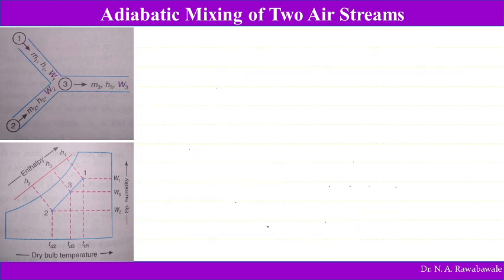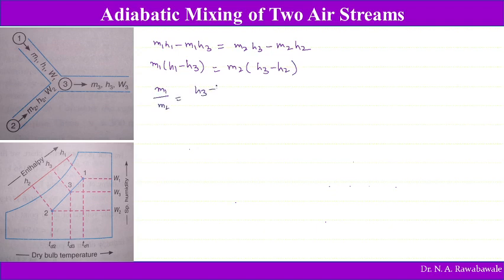So we can write this as m1 h1 minus m1 h3, which is equal to m2 h3 minus m2 h2, or this can be written as m1 (h1 minus h3), m1 taken common, which is equal to m2 (h3 minus h2), or we can write m1 divided by m2 is equal to (h3 minus h2) divided by (h1 minus h3).